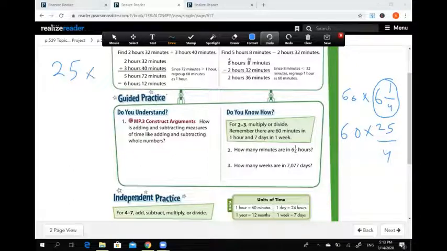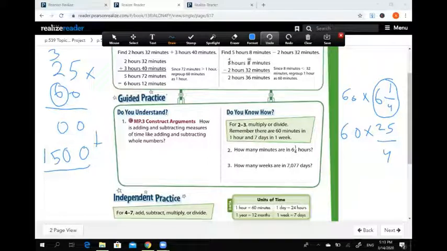25 times 60. 0 times 5 equals 0. 0 times 2 equals 0. When I start with the tens, I will put a 0 here. Then 6 times 5 equals 30. 0 here and 3 up. 6 times 2 equals 12, plus 3, 15. Then I add the products: 0 plus 0, 0. 0 plus 0, 0.